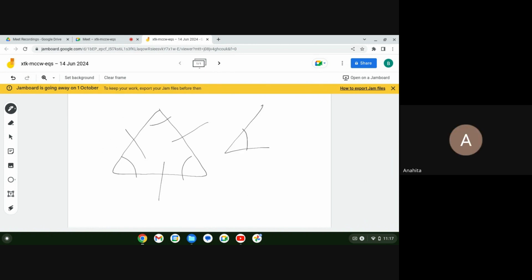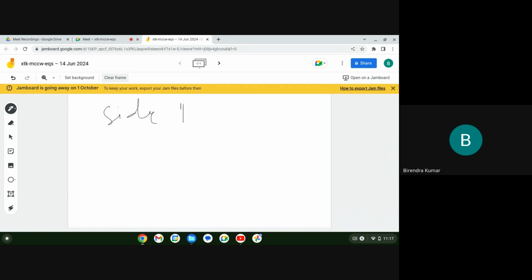This is easy. So let's say somebody says draw a triangle with side 1 equal to, let's say, 5 centimeter, and side 2 equal to, let's say, 8 centimeter, and the angle between the sides is, let's say, 50 degrees.